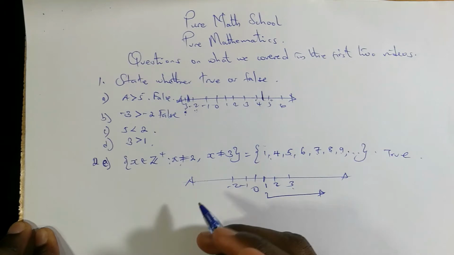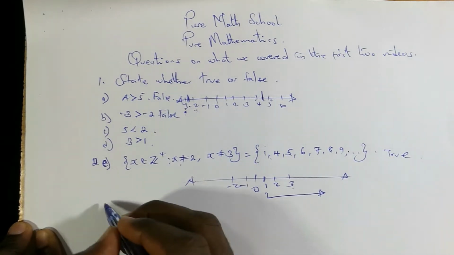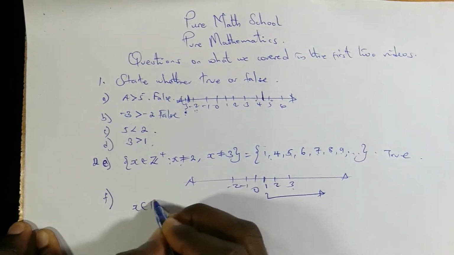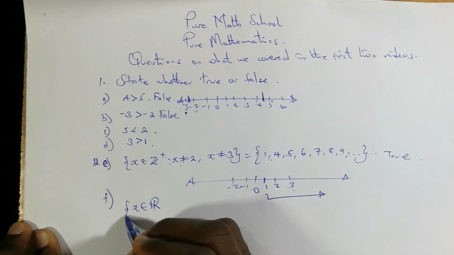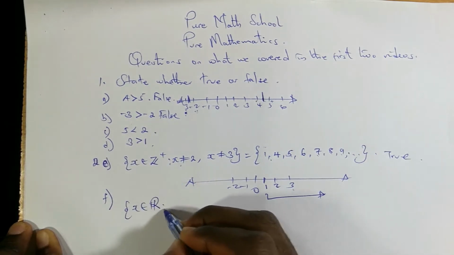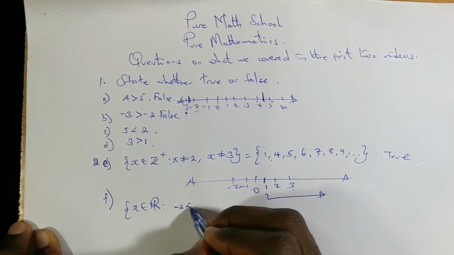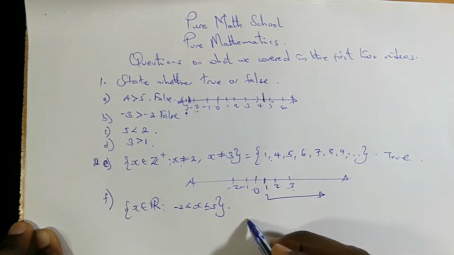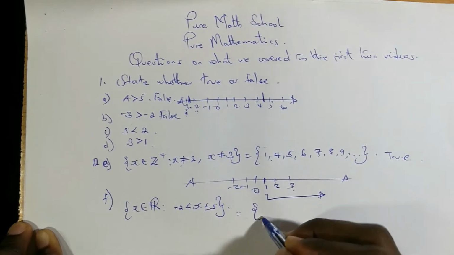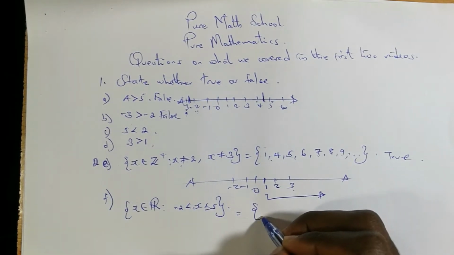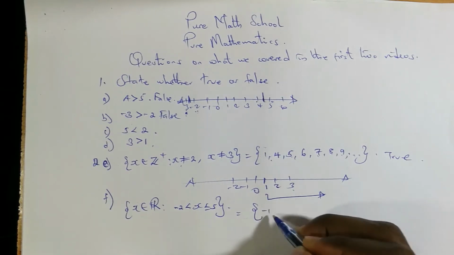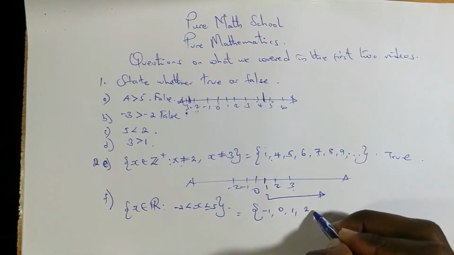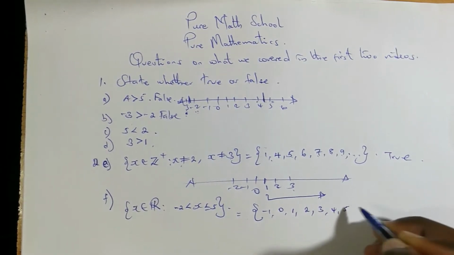We can take a look at another condition. Let's take a case where x is a real number, and we say -2 less than x less than 5, and we list it as -1, 0, 1, 2, 3, 4, and 5.